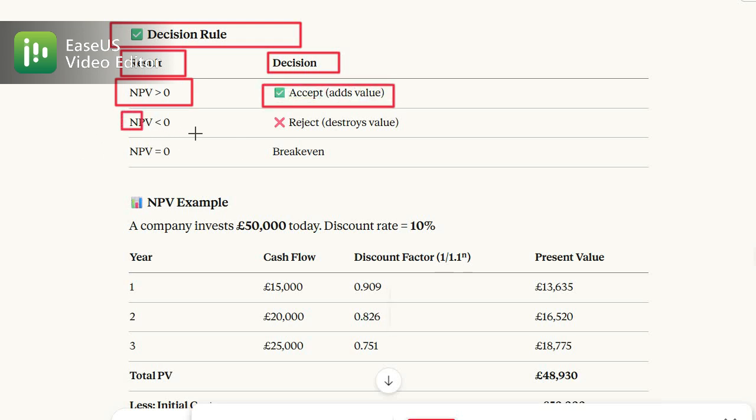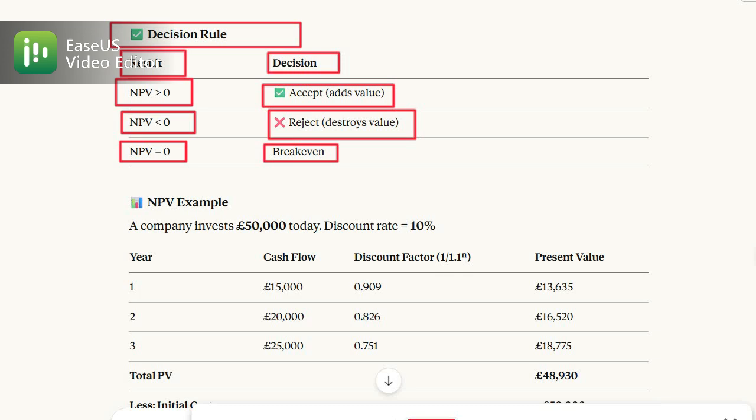If NPV is less than 0, then you reject it because it destroys value. And if NPV is equal to 0, this is the break-even point. So you have these three simple rules: if NPV is greater than 0, accept it; if NPV is less than 0, reject it; and if it is equal to 0, it is a break-even point, so it depends upon you whether to go ahead.